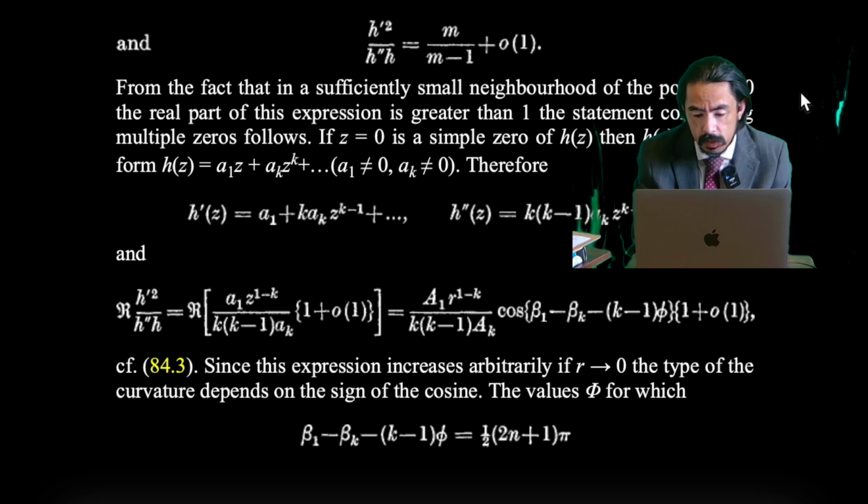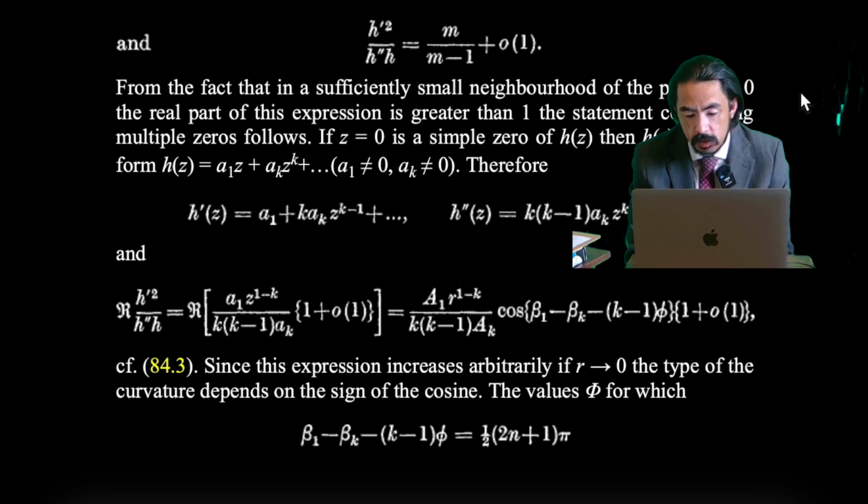That fraction is then times cosine evaluated at beta 1 minus beta k minus the quantity k minus 1 closed quantity times phi. That's what the cosine is evaluated at. Then the third term being multiplied together is the quantity 1 plus small o of 1. And we can refer back to things that we previously calculated in this section.